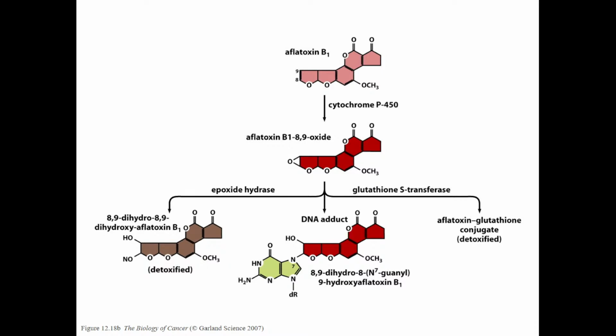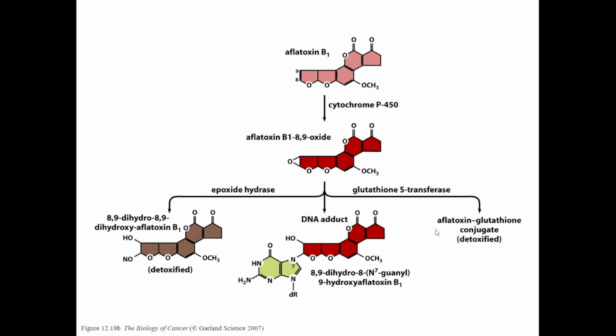But for aflatoxin, the result of microsomal oxidation by cytochrome P450 is oxidized aflatoxin, and it can lead to some not always pleasant variants. For example, a detoxified dihydroxyaflatoxin derivative, non-toxic.